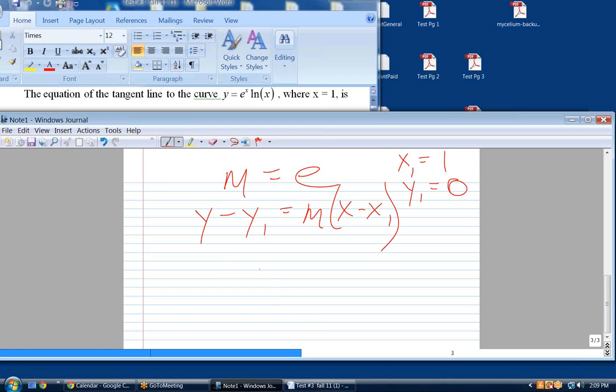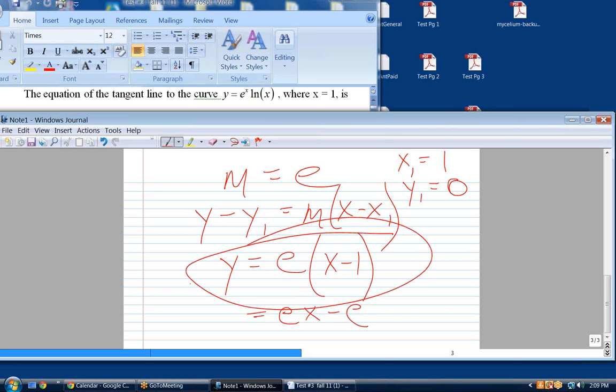So now what's our equation? We have y equals m, which is e, times x minus 1, which is equal to ex minus e. Although I'm betting that they put that on the answer right there.